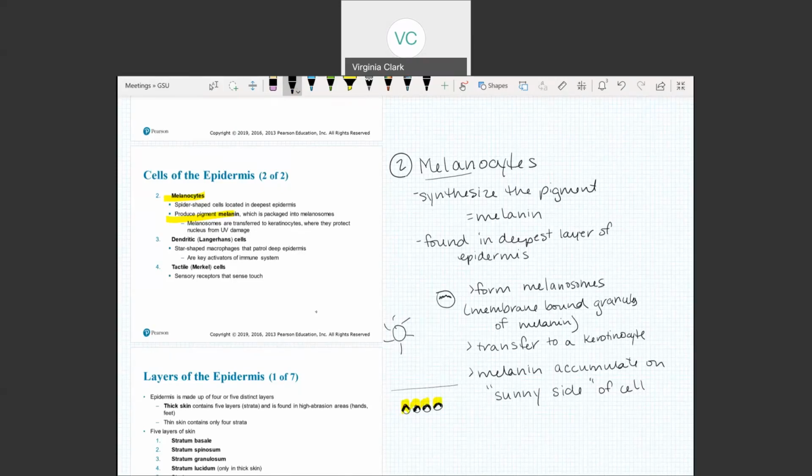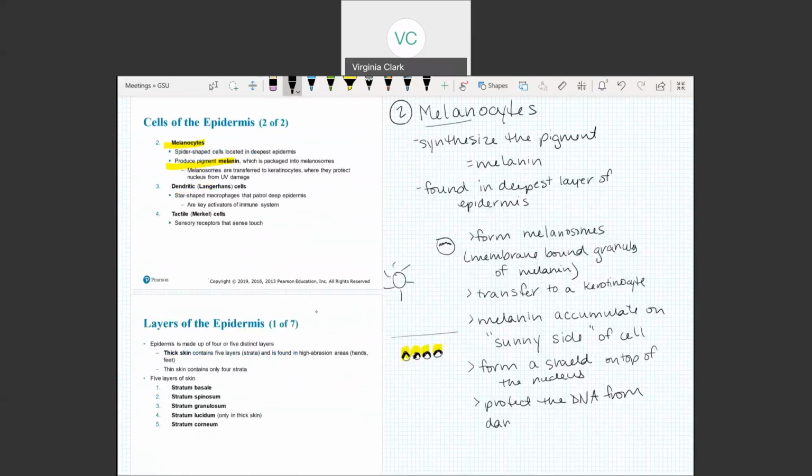And as it does this, it's going to form a shield. This collection of pigment will form a shield on top of the nucleus. It's protecting the nucleus from the sun, so it's going to protect the DNA inside the nucleus from the damaging effects of the UV rays.